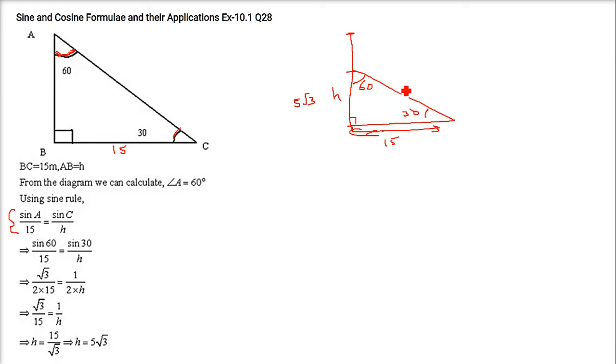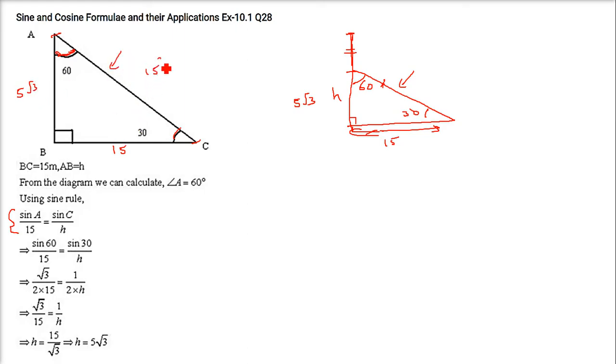Now here, how to get this side? Because the tree is broken from here, this and these are equal, the same length is here. So we will try to find out this side, say AC. If this is 15 and this is 5 root 3, what will be this side?